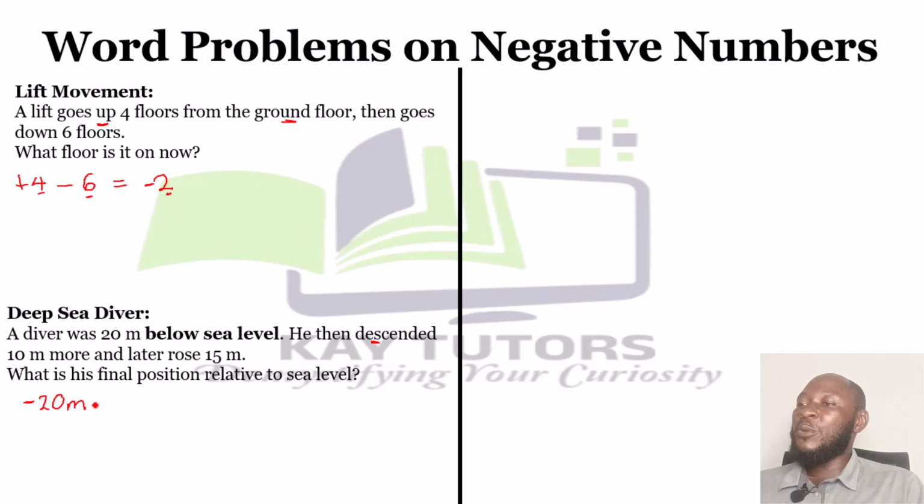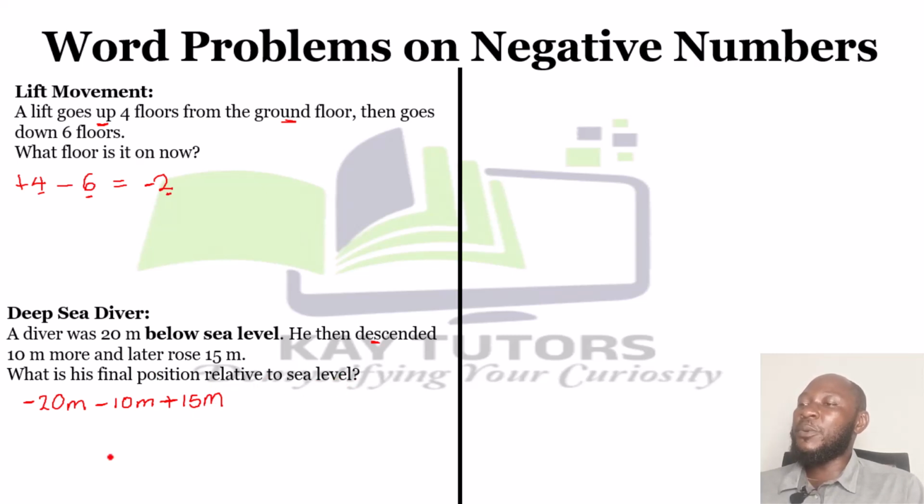And since he is going further into the sea, of course, it is still minus 10 meters. So he descended 10 meters below, and later he rose. By rising, remember, we are adding. So this is 15 meters. Now, what is his final position relative to the sea level?